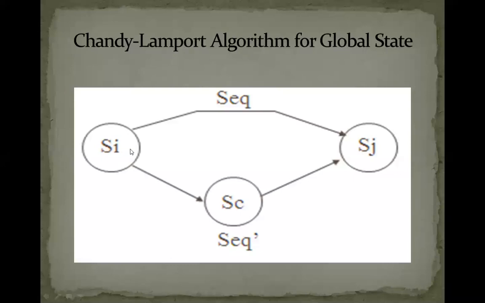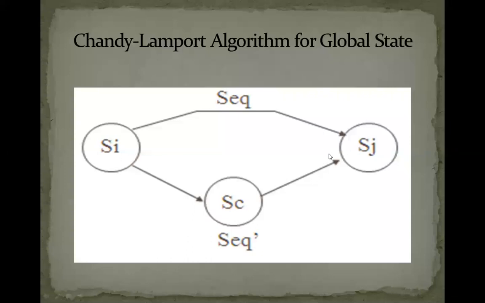So this is a kind of sequence which you can visualize with an example. In this particular example, the algorithm is initiated when the system is in the global state SI, and it terminates when the system is in the global state SJ. SC denotes the global state collected by the algorithm, and SEQ denotes the sequence of actions which take the system from SI to SJ.